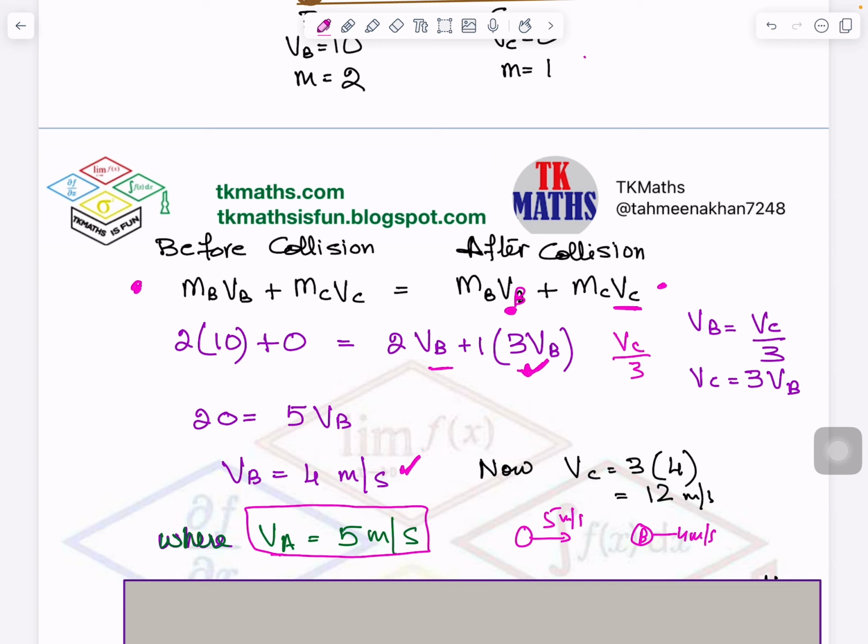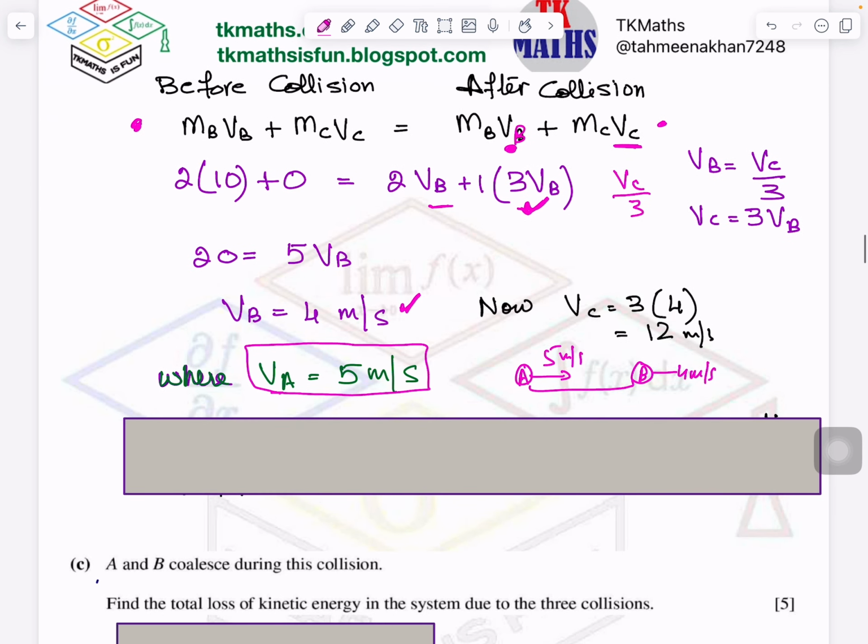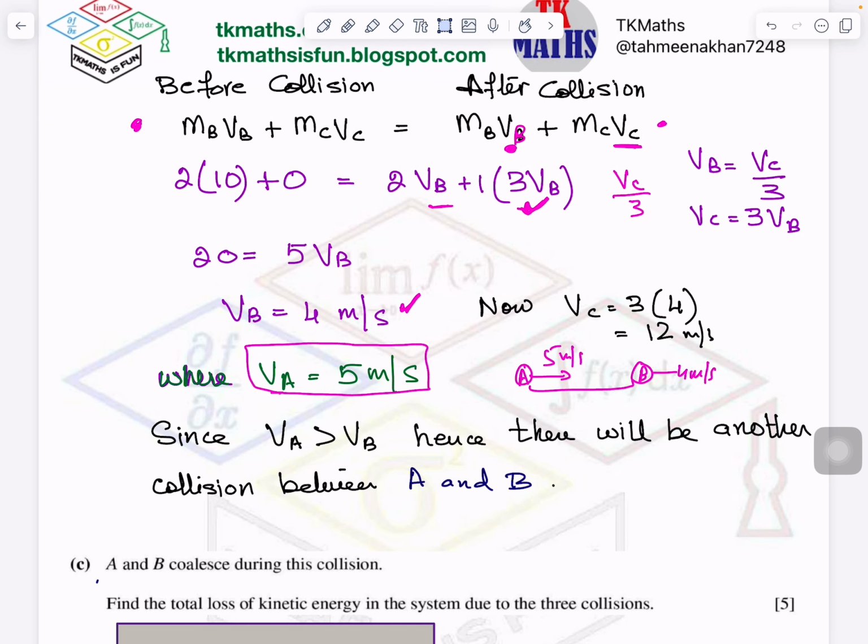So definitely after some time, A will hit it. Agreed? After getting this, you could write in a statement here that since the velocity of A is bigger than the velocity of B, hence there will be another collision. And this was the question between A and B.